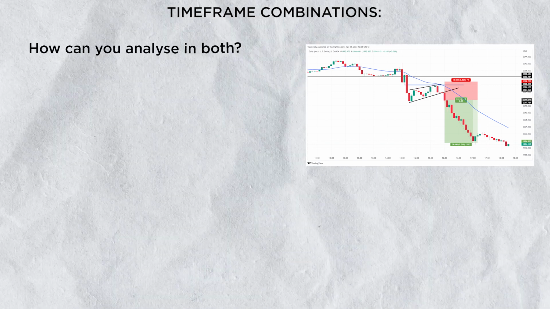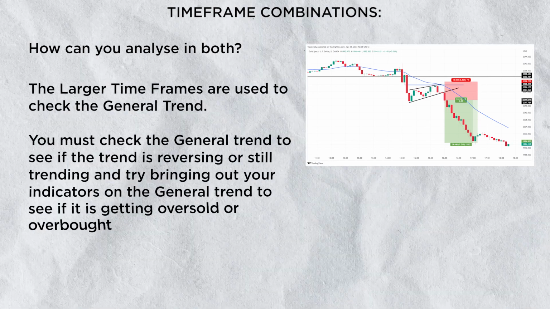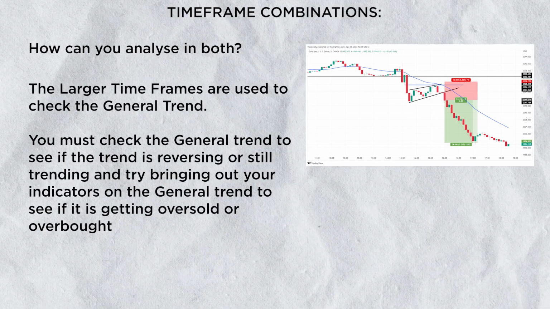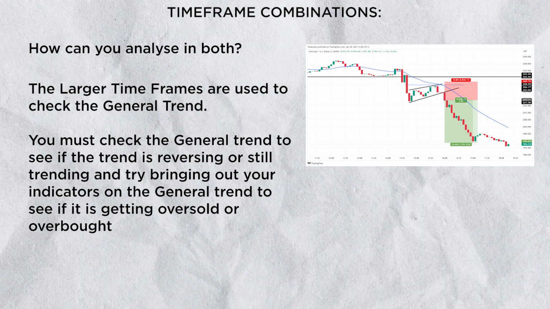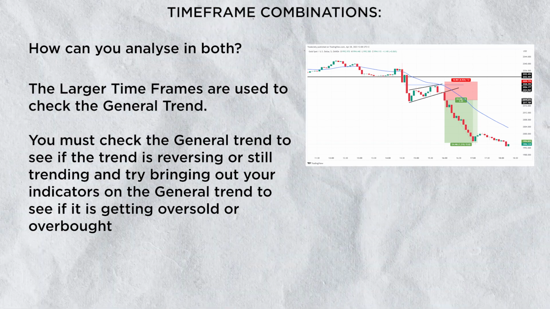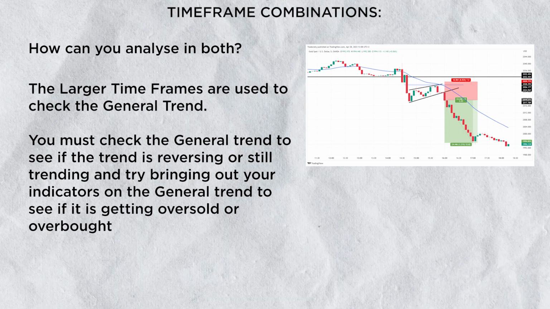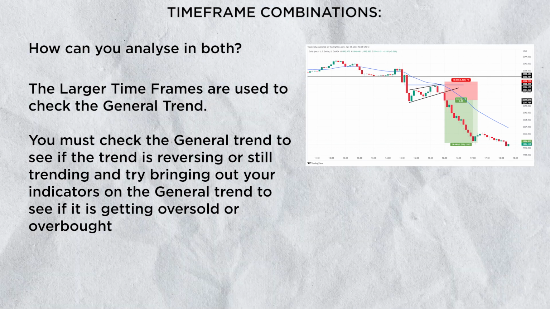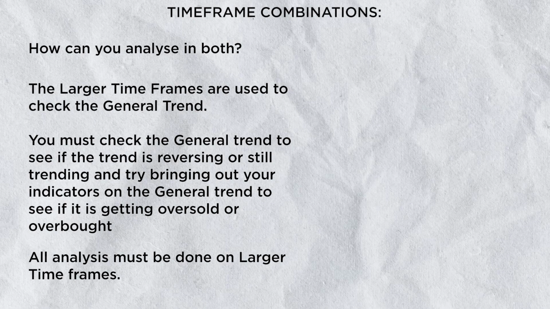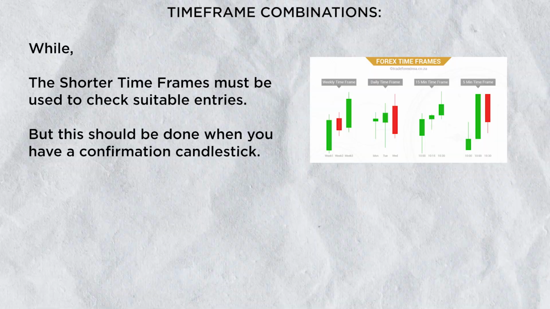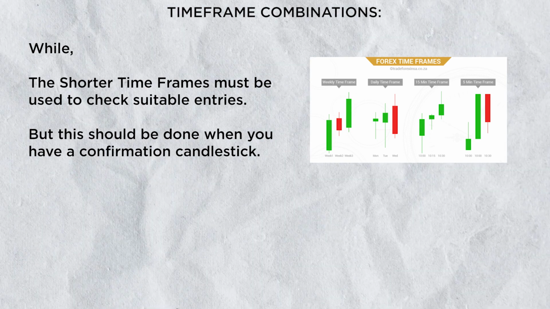How can you analyze in both? The larger time frames are used to check the general trend. You must check the general trend to see if the trend is reversing or still trending, and try bringing out your indicators on the general trend to see if it is getting oversold or overbought. All analysis must be done on larger time frames, while the shorter time frames must be used to check suitable entries.